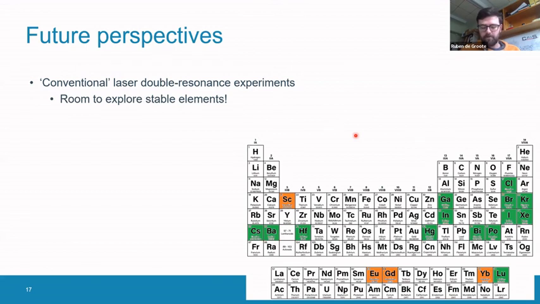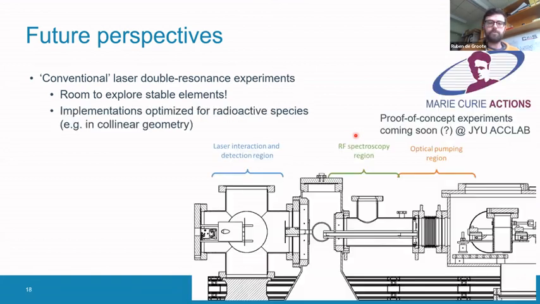Technologically, a lot has changed since the 50s, 60s, 70s when most of these measurements were done. So I'm convinced we can make significant headway in exploring more and more elements, even with stable isotopes.